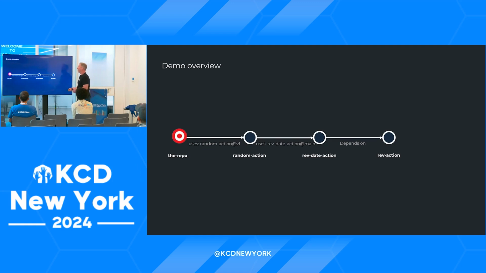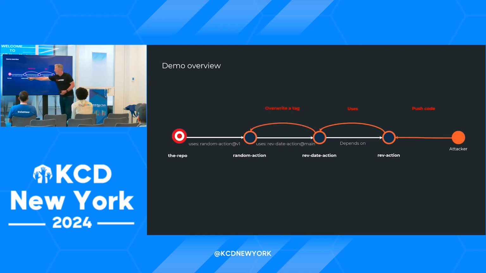How did it really work? We attacked this one repository. We got the GitHub token, and then we changed this particular action. When this action was used by this action, it downloaded the same, and then we overwrote the v1 reference, so we changed the commit.